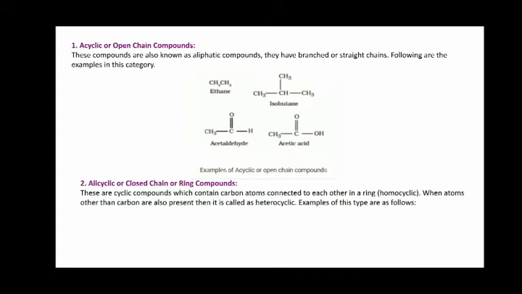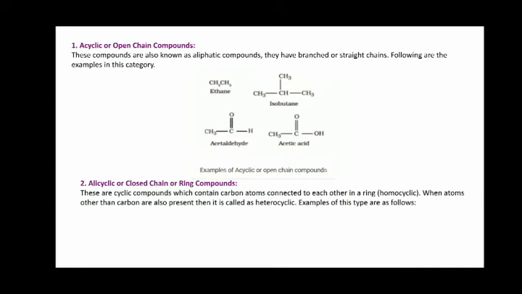Then if we are going to see closed chain or ring compounds, what's the criterion for this? These are the cyclic compounds which contain carbon atoms connected to each other in a ring.